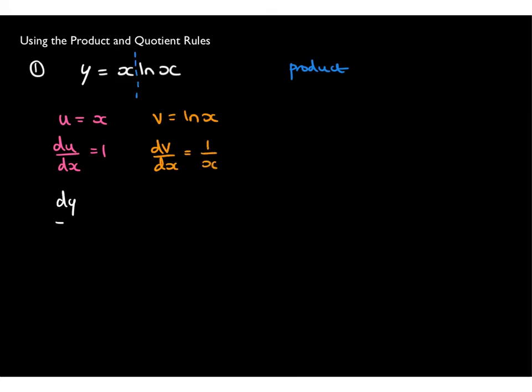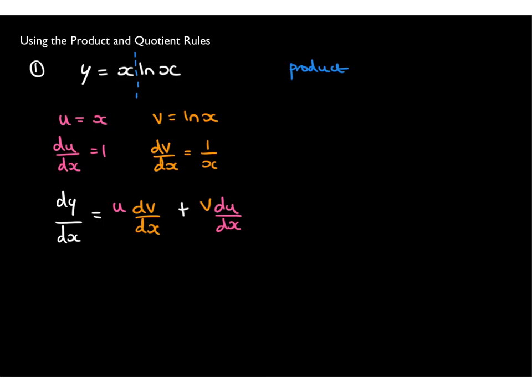Now, do you remember the product rule? It tells us that dy by dx is equal to u multiplied by dv by dx plus v multiplied by du by dx. So can we now put those components together and complete our differentiation?